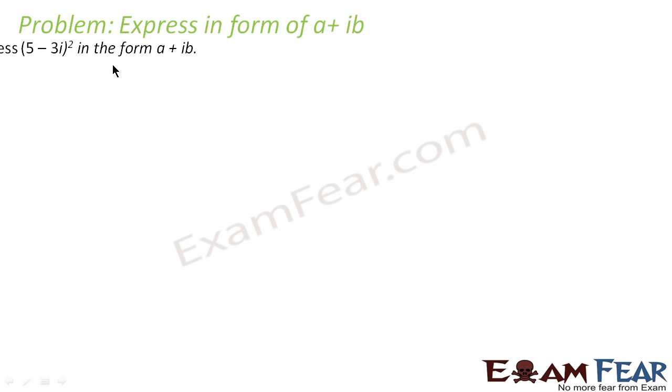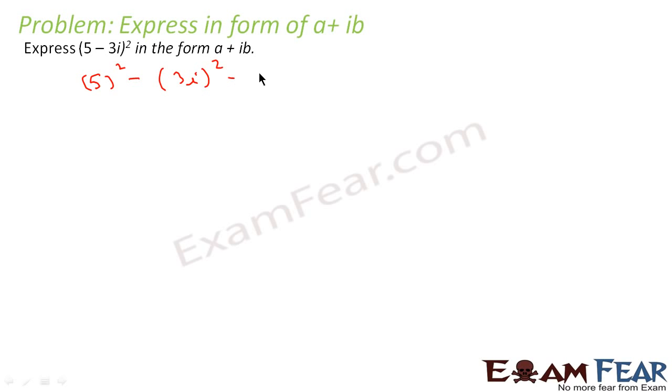Now we will do some problems where we are supposed to express in the form of a plus ib. So if we have this number 5 minus 3i whole square, we have to express it in the form of a plus ib. So 5 minus 3i whole square is equal to a square plus b square minus 2ab.